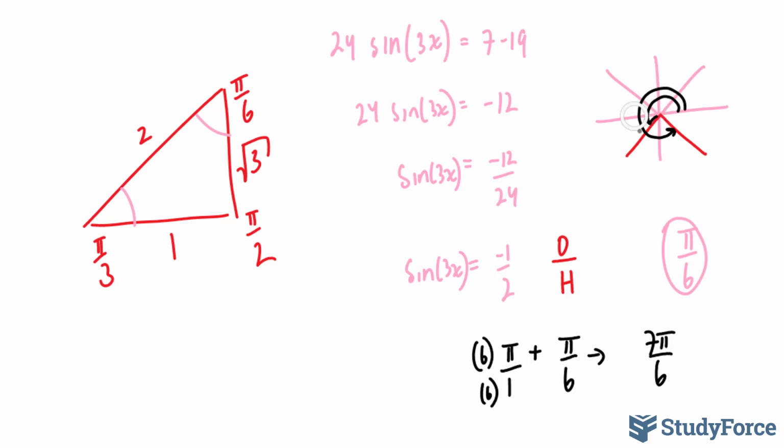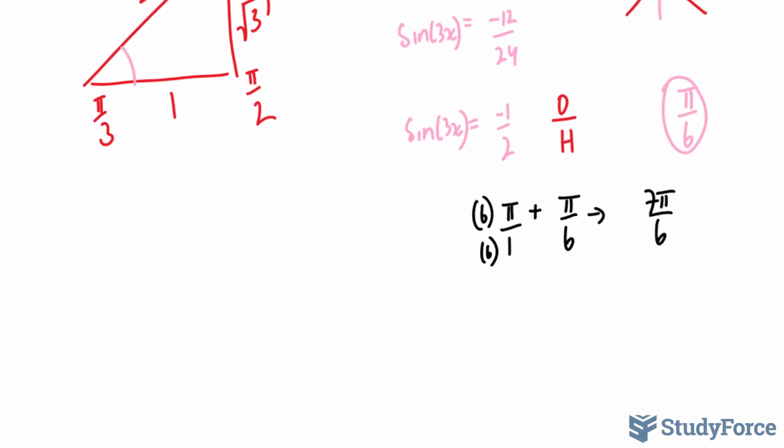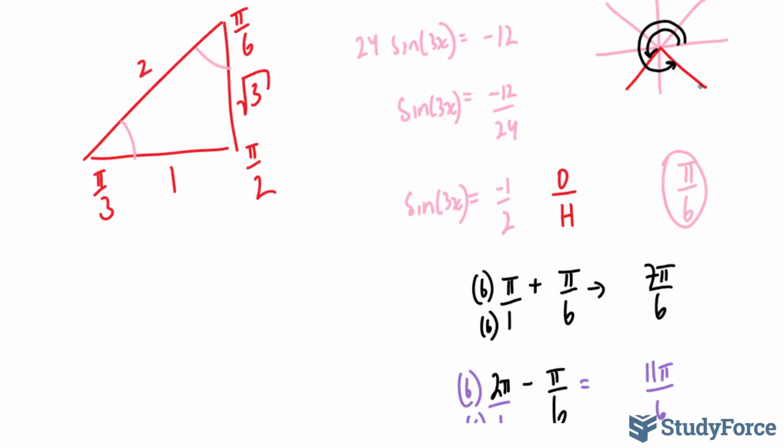To find this bigger angle, what you'll have to do is take 2 pi, which is one complete cycle, minus pi over 6, that reference angle. And once again, we're going to find a common denominator, multiply the top and the bottom by 6, and we'll end up with 11 pi over 6. This bigger angle is equal to 11 pi over 6.